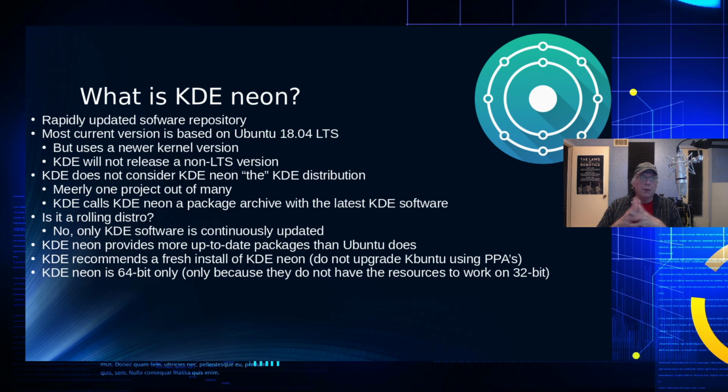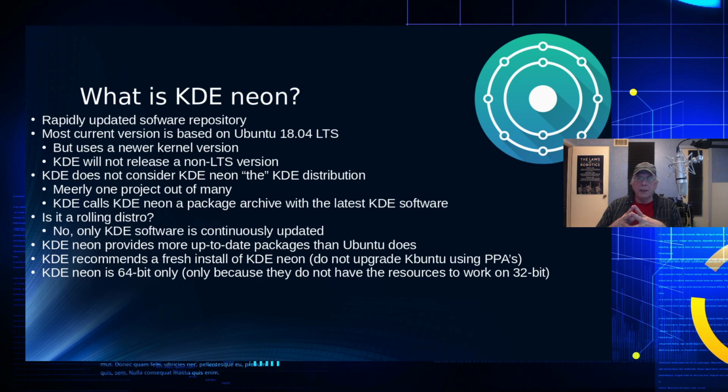So what is it? It's a rapidly updated software repository, at least for the KDE software versions. Now, the LTS versions of the software, with the exception of the kernel, follow the same plan as Ubuntu 18.04, as far as I know. They do use a newer kernel, however, than you'll find in the 18.04 LTS.